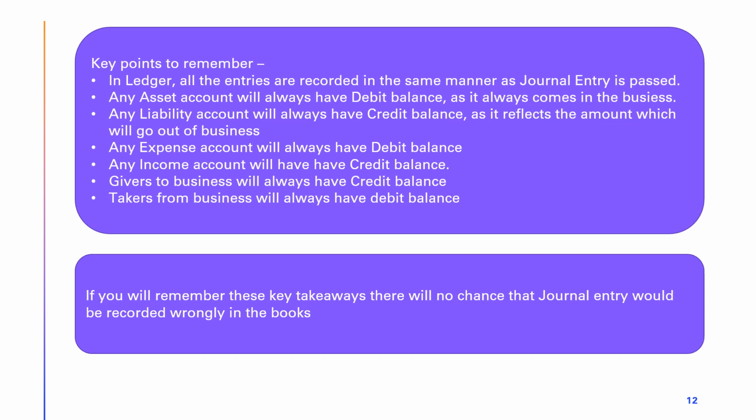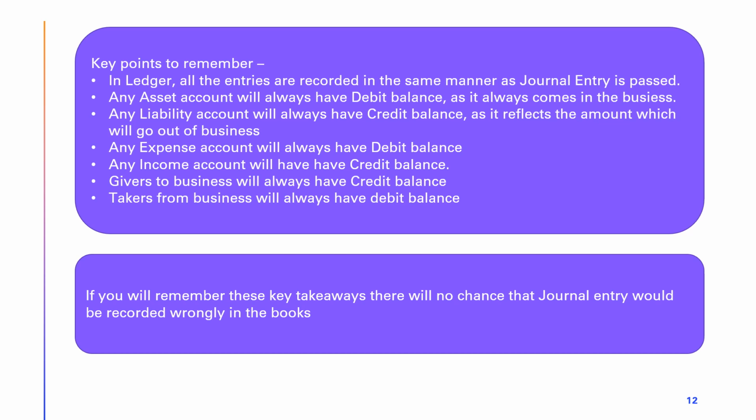Also, all personal accounts that have given something to the business, whether cash or asset, will have credit balance, and those who have taken something from the business will have a debit balance. In short, if an asset comes in, it will have a debit balance and its corresponding nominal or personal account will have credit balance.